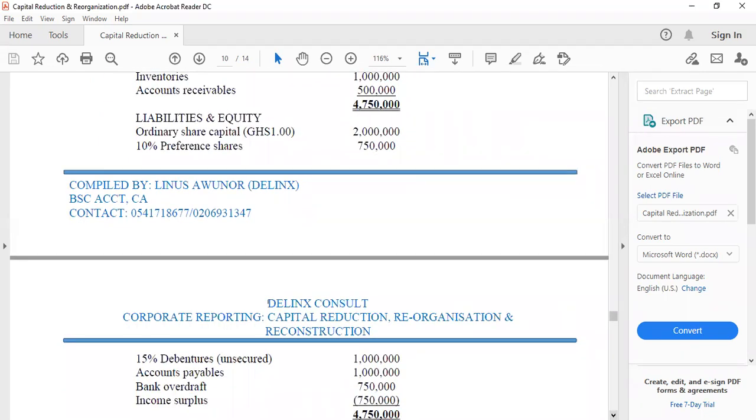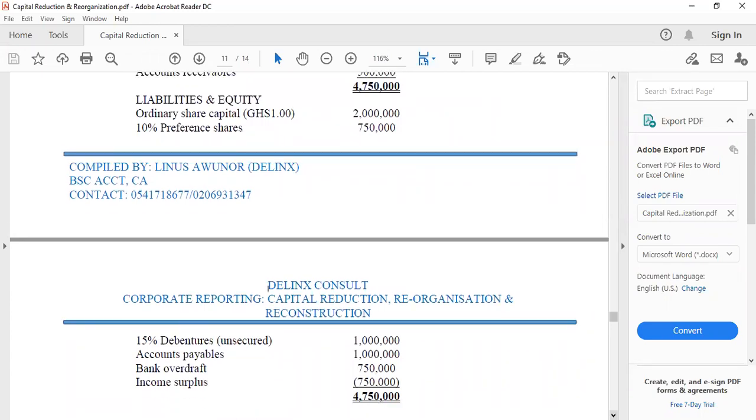Accounts payables, 1 million. Bank overdraft, 750,000. Income surplus, a deficit of 750,000. Total, 4,750,000. The bank overdraft is secured against the property, plant, and equipment.